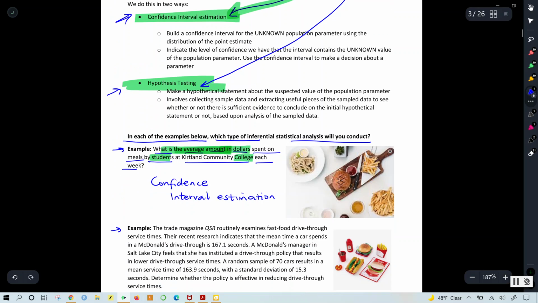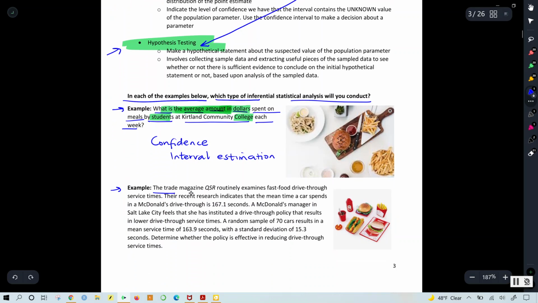Then, for the next example, we're told that the trade magazine QSR routinely examines fast food drive-through service times. Their recent research indicates that the mean time a car spends in a McDonald's drive-through is 167.1 seconds. So there's a claim there. Take note of that. A McDonald's manager in Salt Lake City feels that she has instituted a drive-through policy that results in a lower drive-through service time.